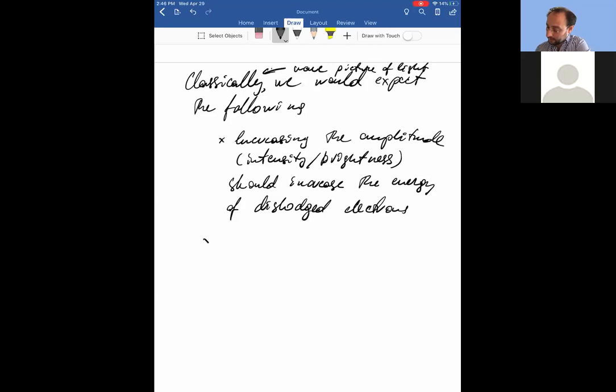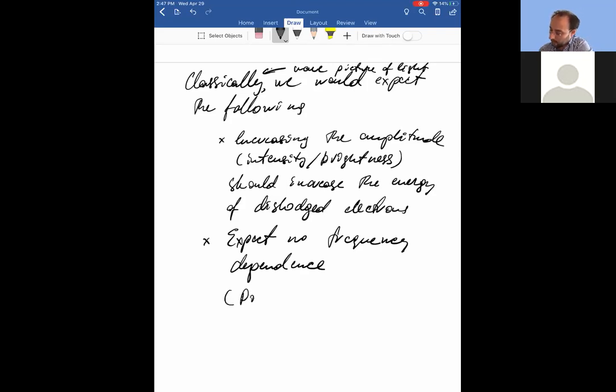And second, expect no frequency dependence. Because power is energy per time, and then power per area is intensity.